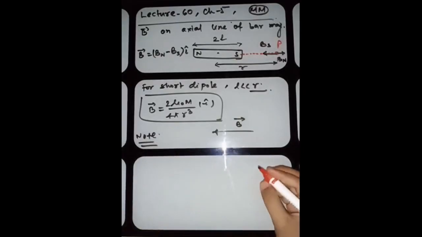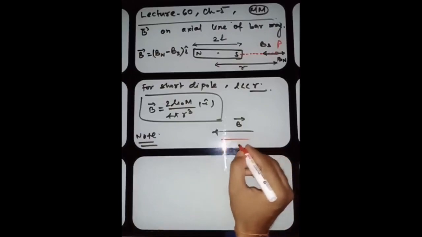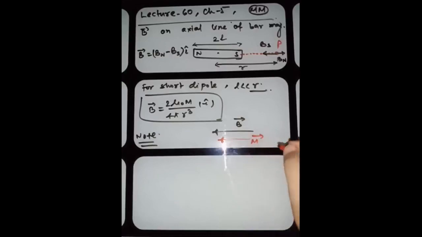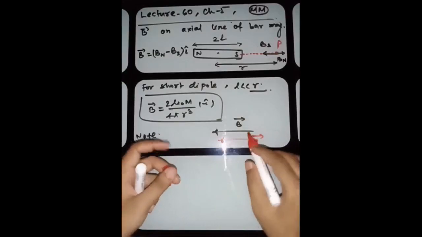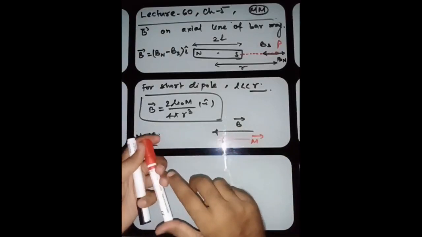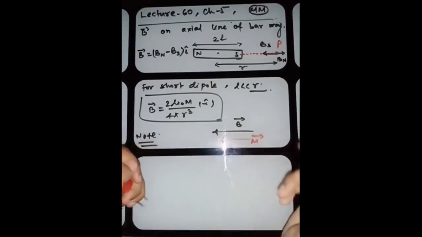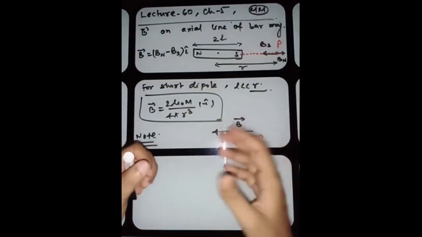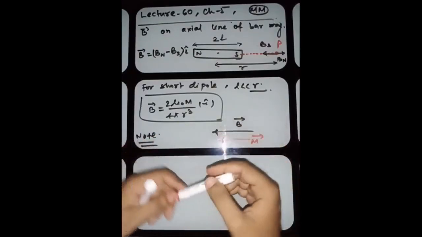The direction of the dipole moment is from south to north, so the same. So in case of the axial line, at the axial point, the net magnetic field must be obtained towards the dipole moment. Must remember this one.